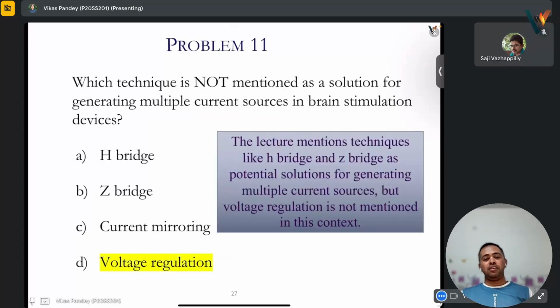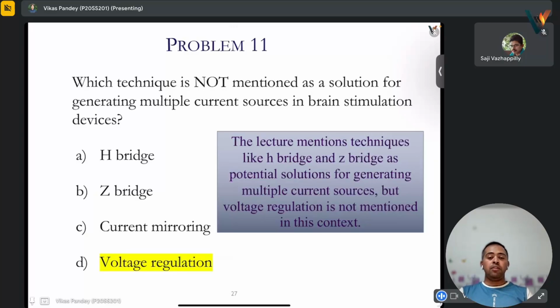Voltage regulation, H bridge, Z bridge, and current mirroring are different solutions for making multiple current sources in brain stimulating devices. This list is growing, as a lot of work is being done in this field.